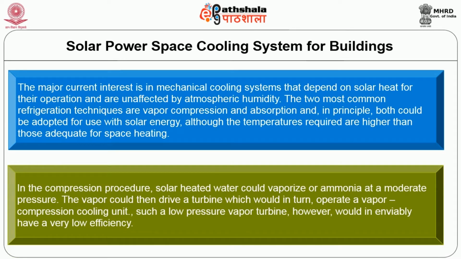In the compression procedure, solar heated water could vaporize ammonia at a moderate pressure. The vapor could then drive a turbine which would in turn operate a vapor compression cooling unit. Such a low pressure vapor turbine, however, would invariably have a low efficiency.